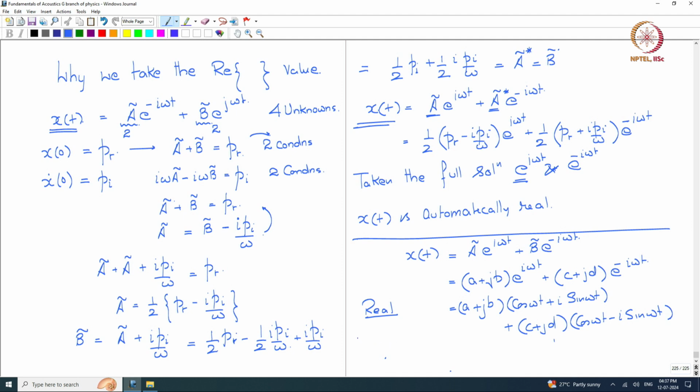So I get for the real part A cos omega t minus B sin omega t plus C cos omega t plus D sin omega t. Okay, that is one piece of the story. Now the imaginary side, let me take this to the next page.